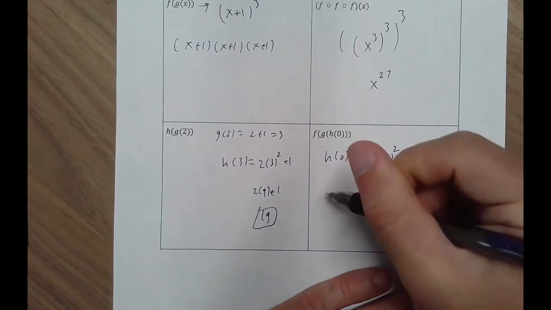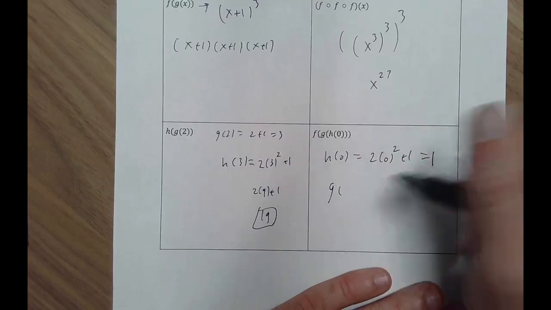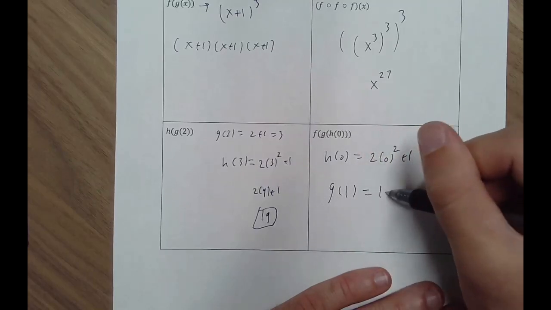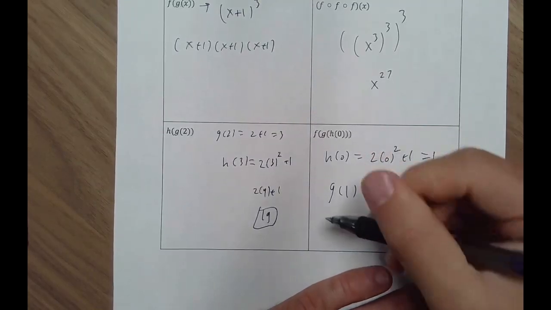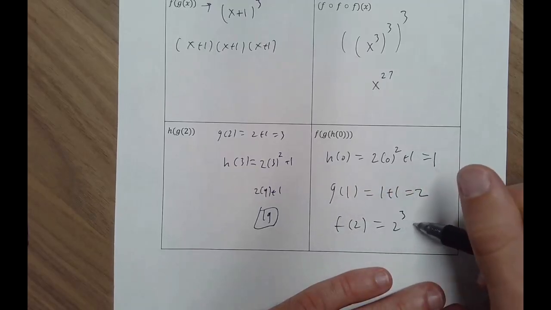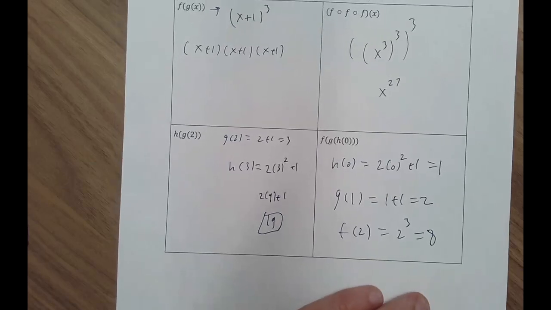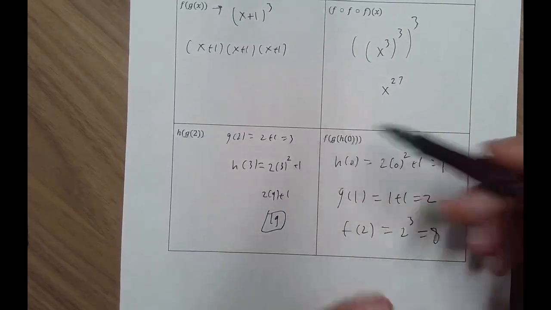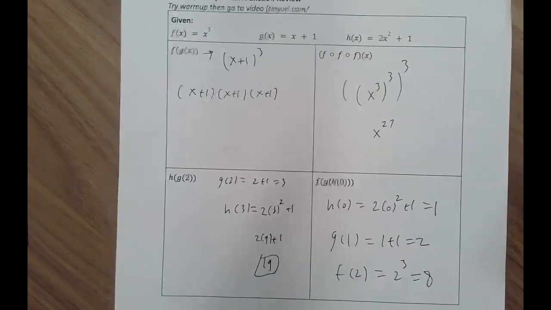That's just 1. So g of 1 is 1 plus 1. That's 2. And then f of 2 is 2 to the third power. That is 8. So starting on the inside and working my way outside is how I like to solve these.